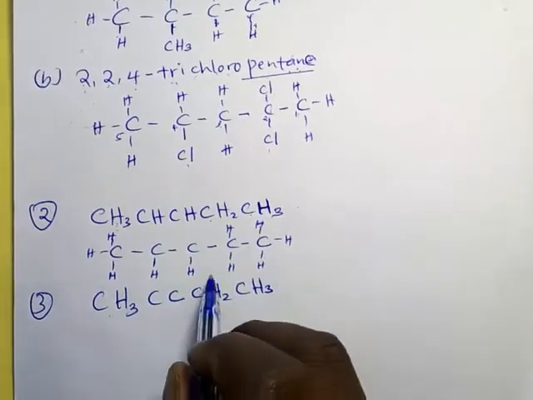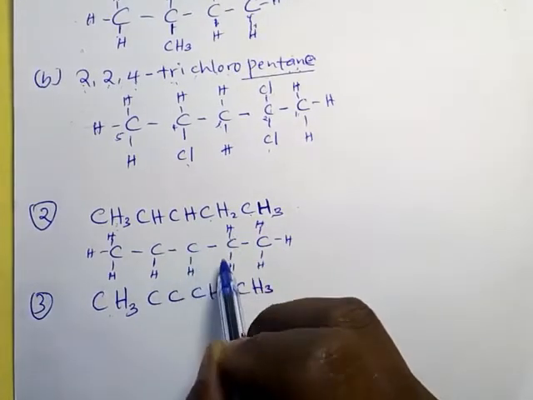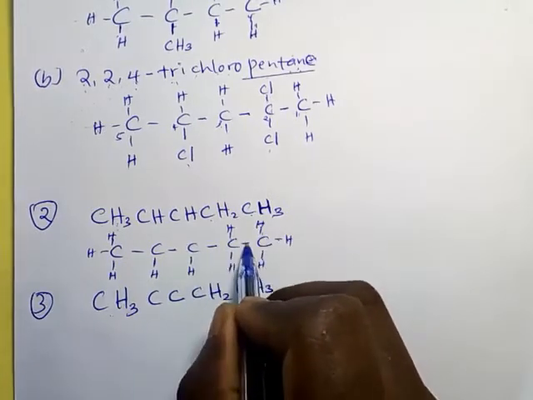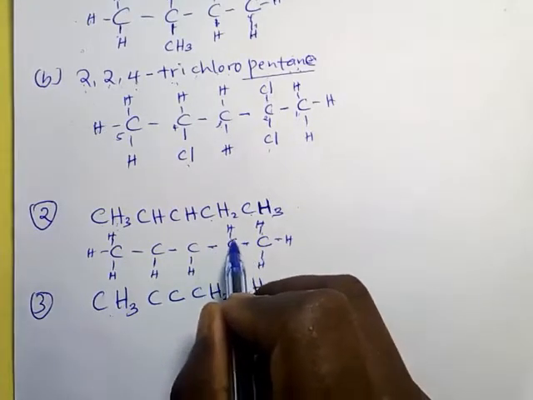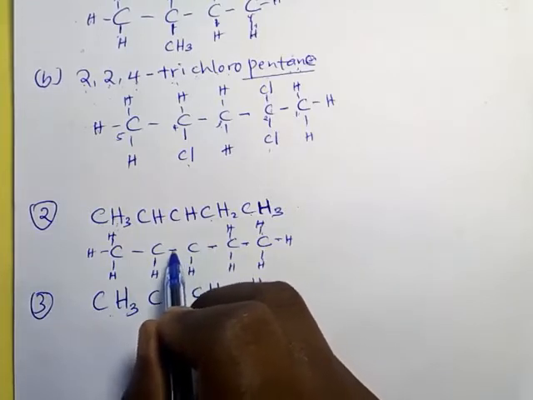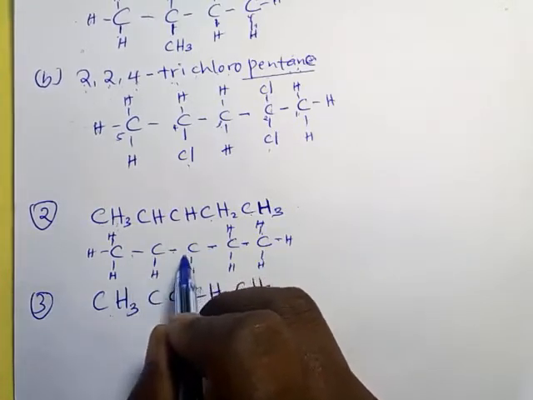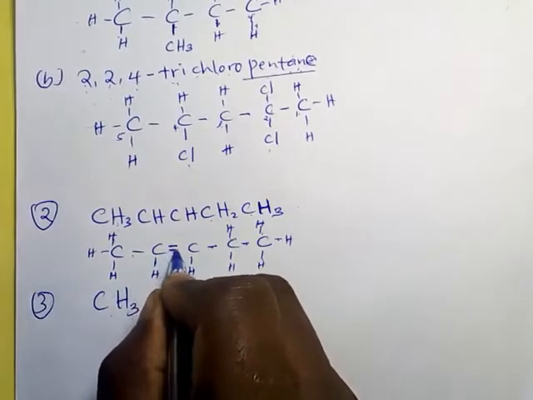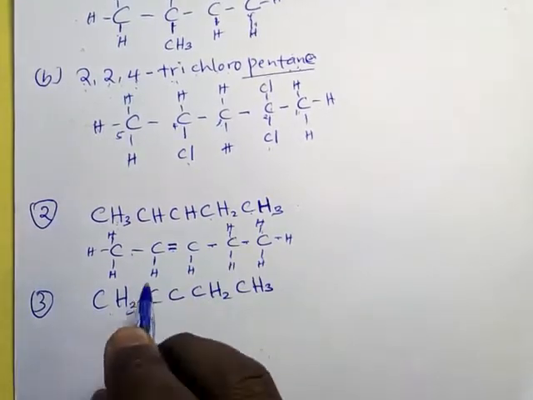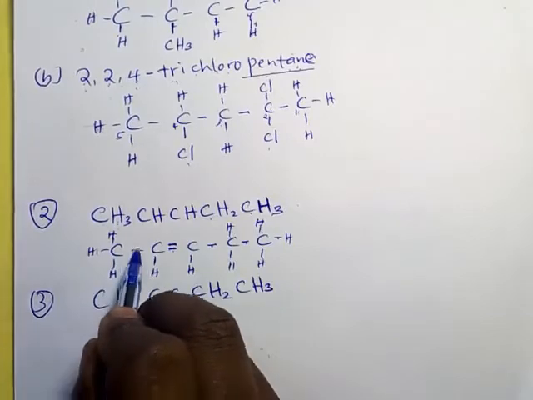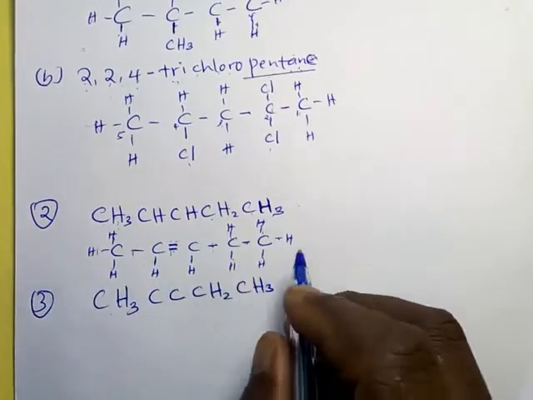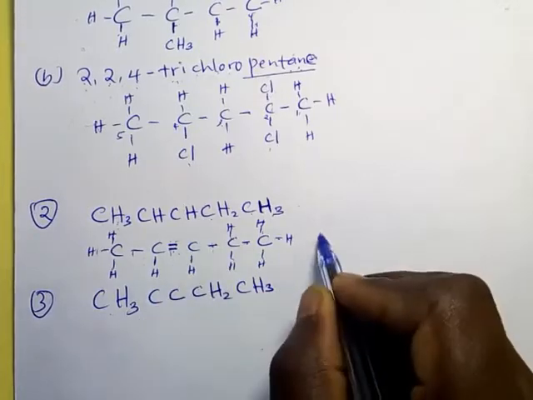Once we have done that, we know that each carbon must be surrounded with 4 covalent bonds. So 1, 2, 3, 4, 1, 2, 3, 4, 1, 2, 3, and 1, 2, 3. So this one is surrounded with only 3. That tells you that you should add a covalent bond here. Now 1, 2, 3, 4 for each carbon, and it is complete. Therefore, this tells you that this compound is an alkene.